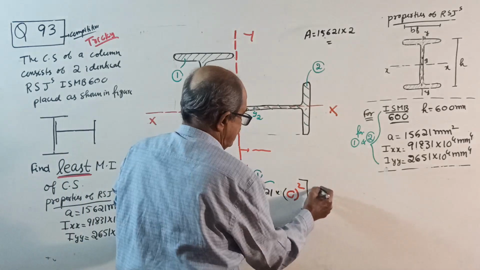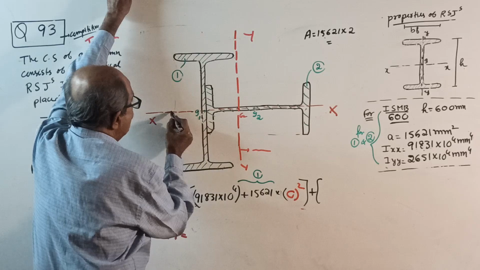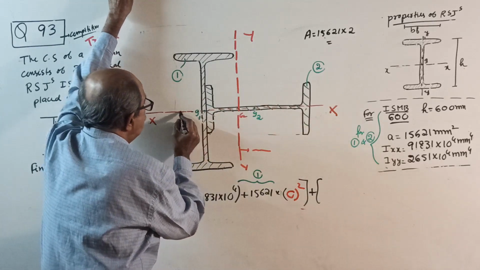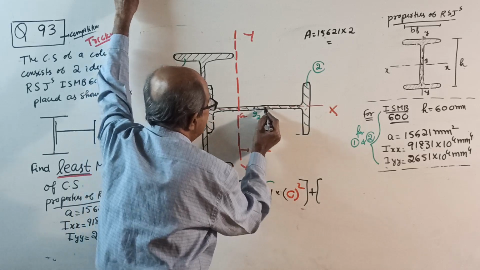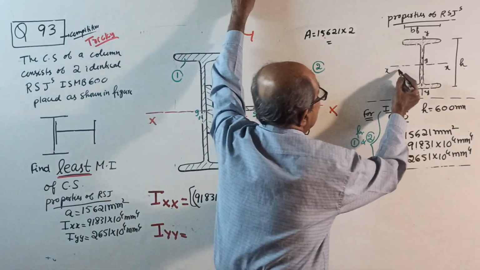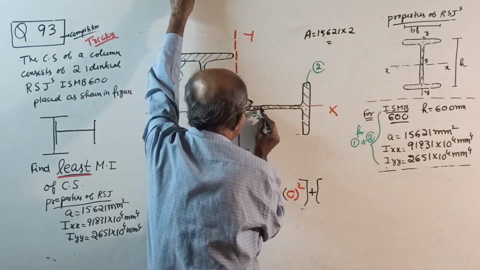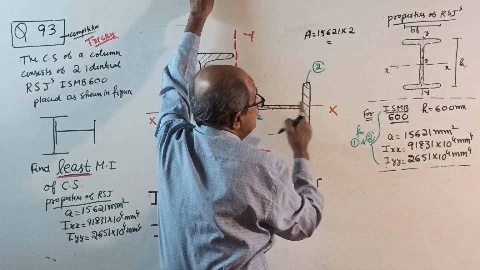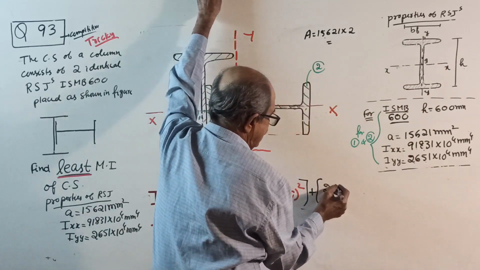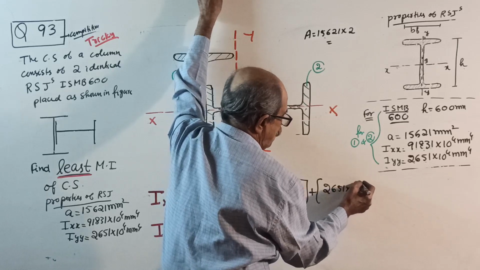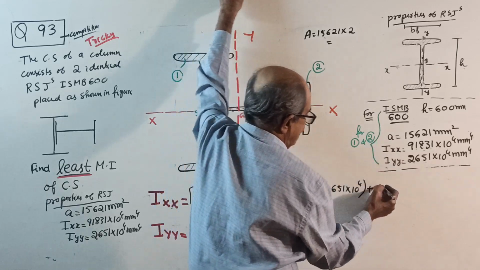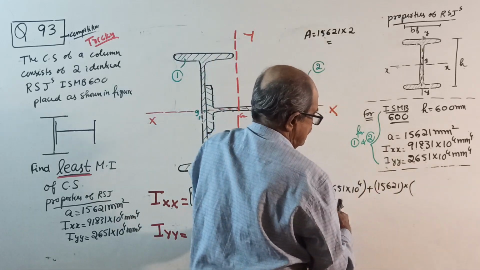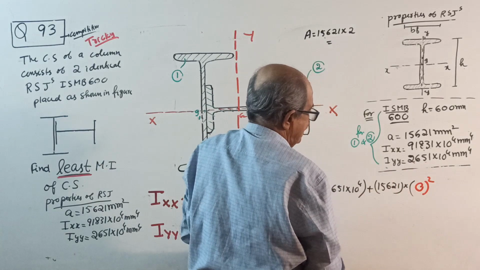Then plus for 2: I about an axis passing through its centroid parallel to xx is 2651 times 10 to the power 4 Ig, plus area 15621 into 0 squared.